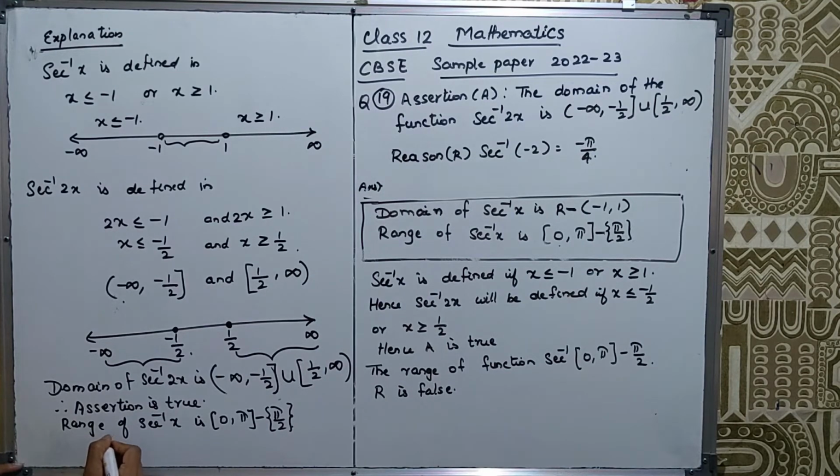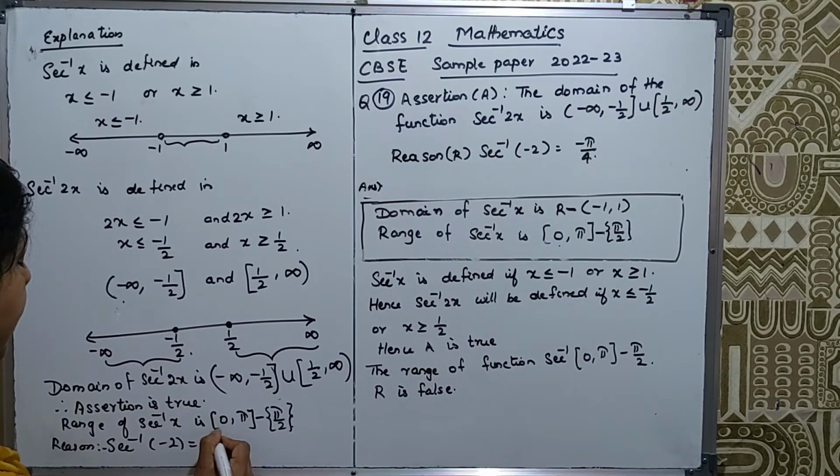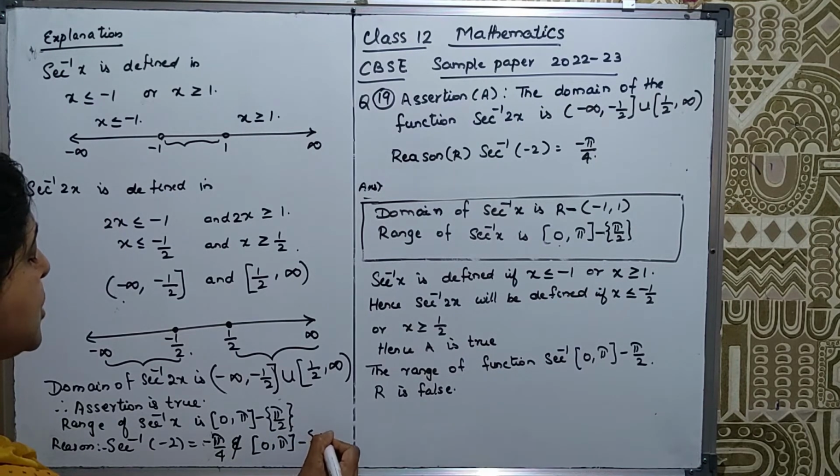So here we'll write sec inverse minus 2 equal to minus pi by 4, according to the given reason, is not an element of 0 to pi minus pi by 2.